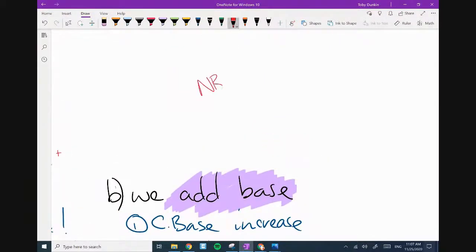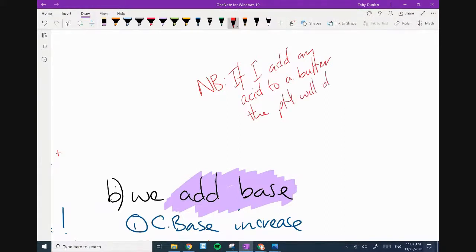Nota bene. If I add an acid to a buffer, the pH will drop by only a small amount.